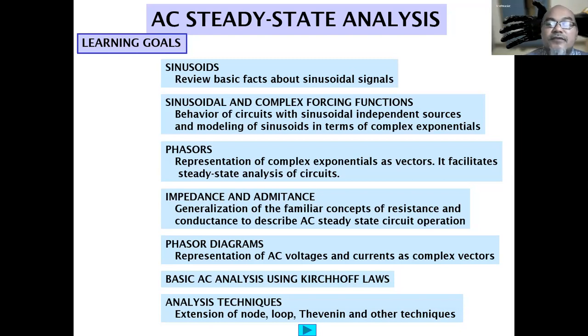But when the circuit contains two types of energy storing elements, both inductor and capacitor, then we have a second order circuit, in which the equation that describes the circuit has to be in the form of a second order differential equation.